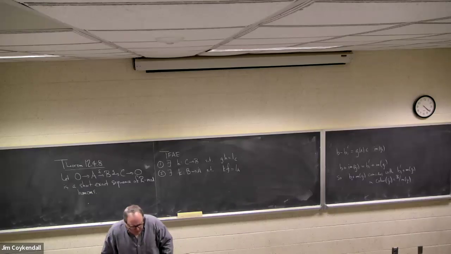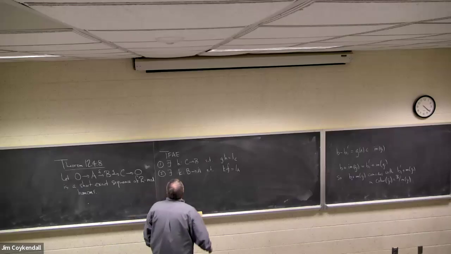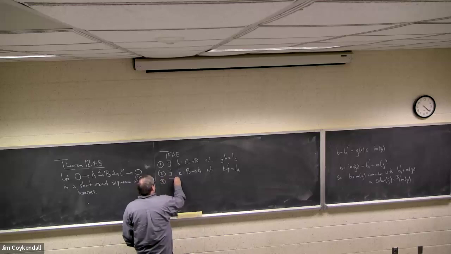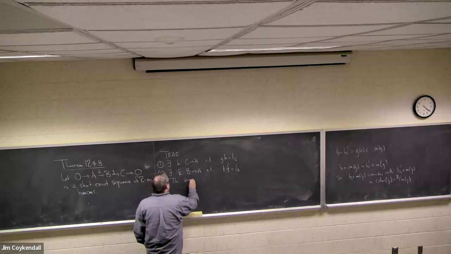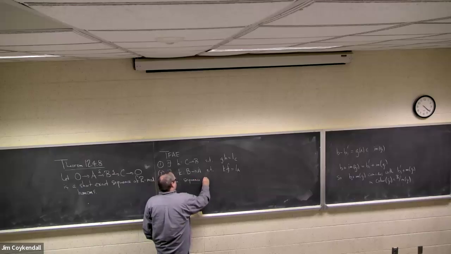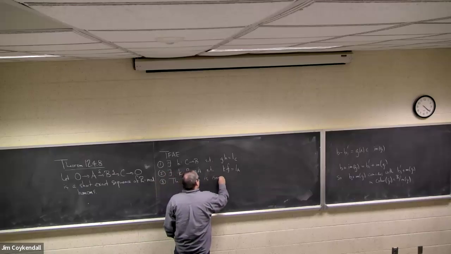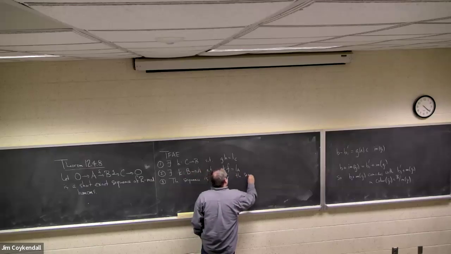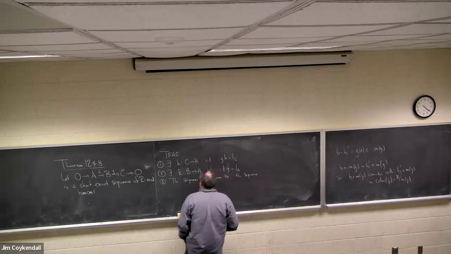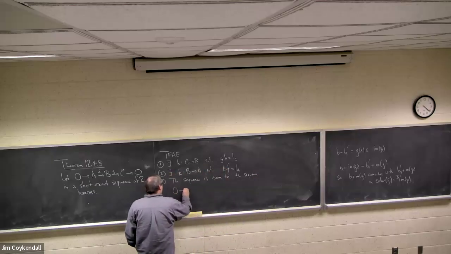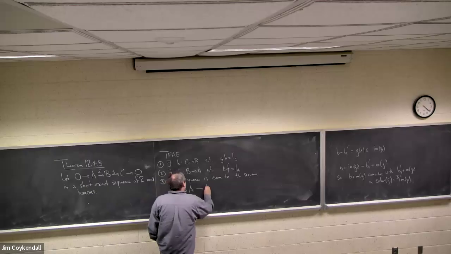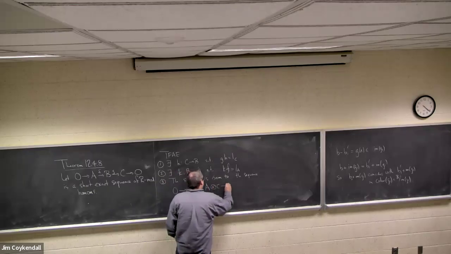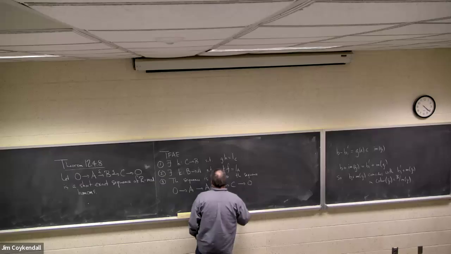And finally, the sequence above is isomorphic to the sequence zero, A, direct sum C, C, zero.